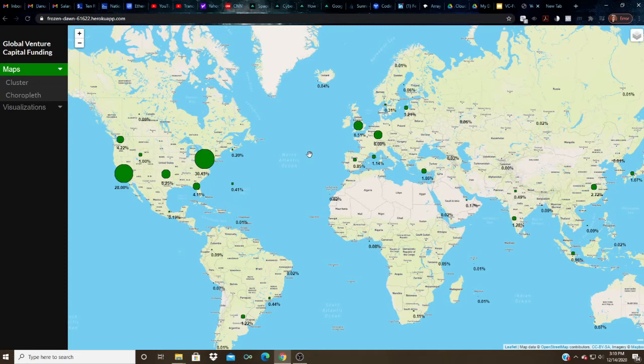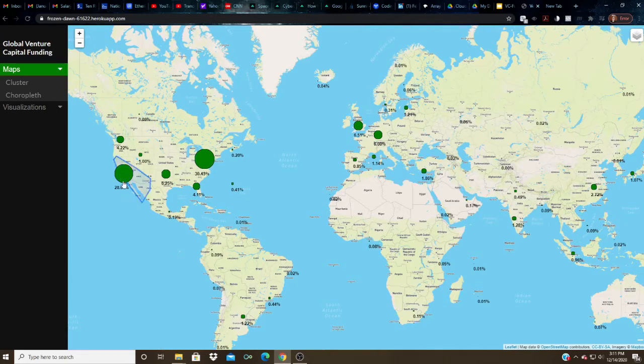They all add up to the same size overall for the whole world. And you can see this one is startup count. So where the startups actually are within the world, and the smaller dots are fewer startups, and bigger dots are more, just the number of startups they count. And then it shows the percentage of all the startups worldwide.